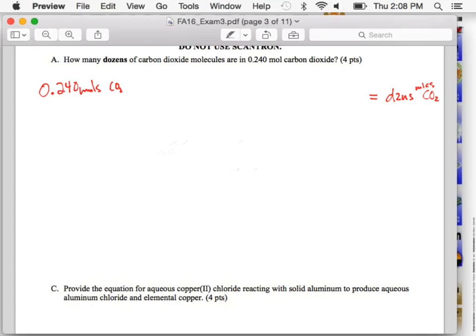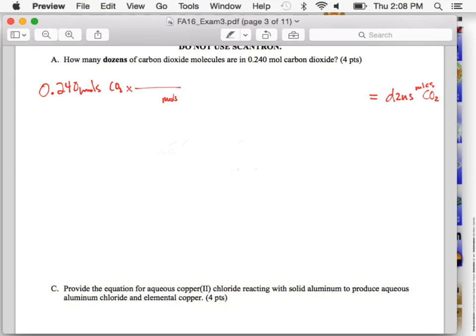No. Okay, so let's convert to something. What do we want to convert to? I would convert to molecules. Yeah, we're going to want to convert to molecules first because otherwise we'd have dozens of moles that we'd have to deal with, and that's going to be a mess.